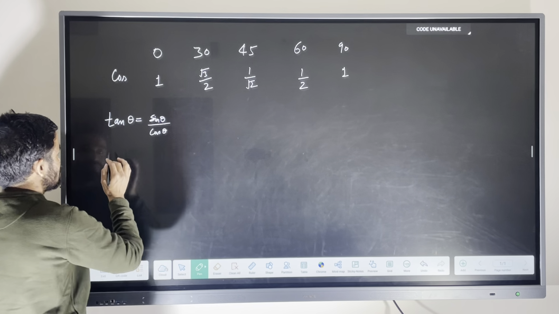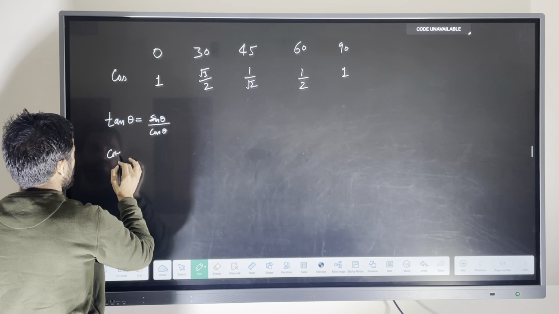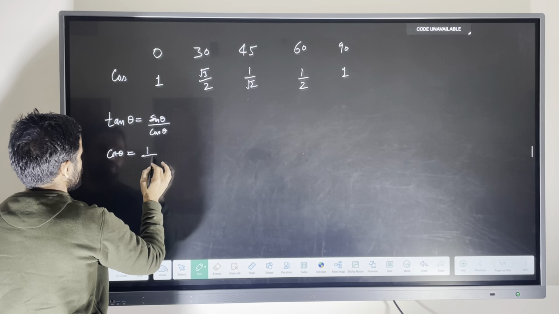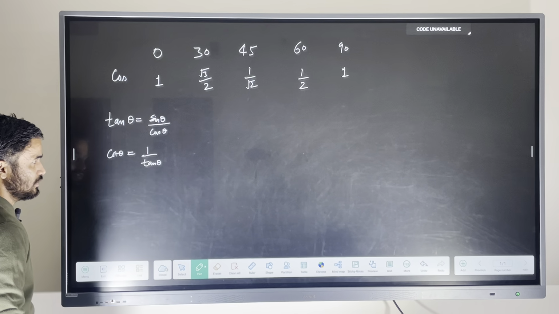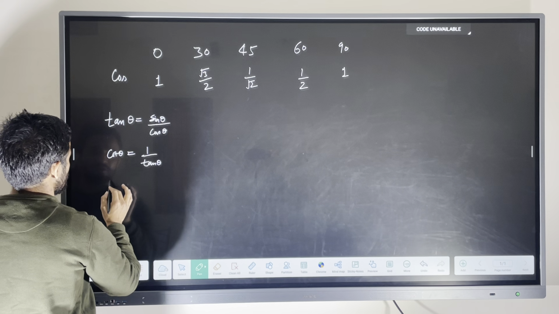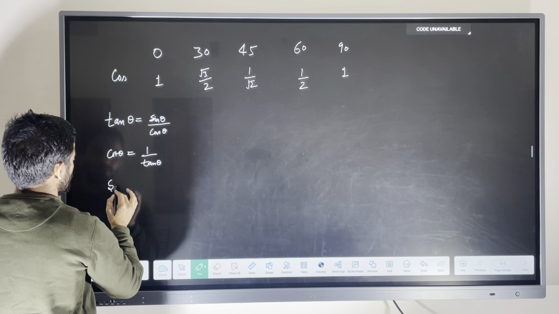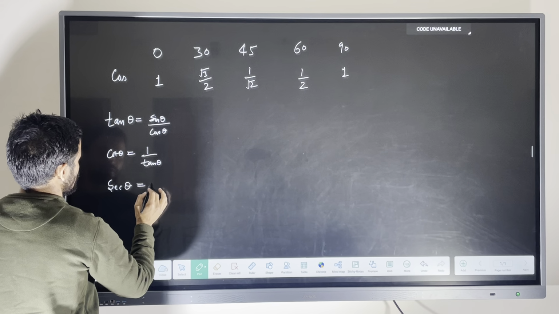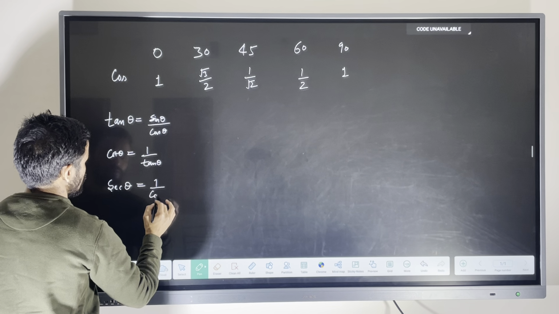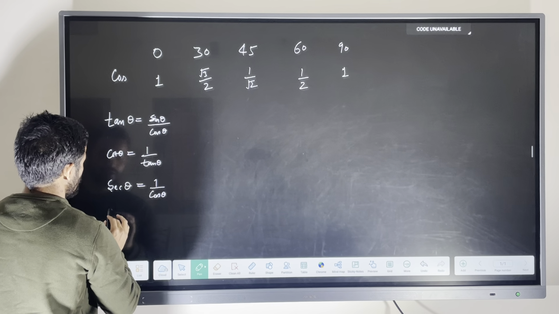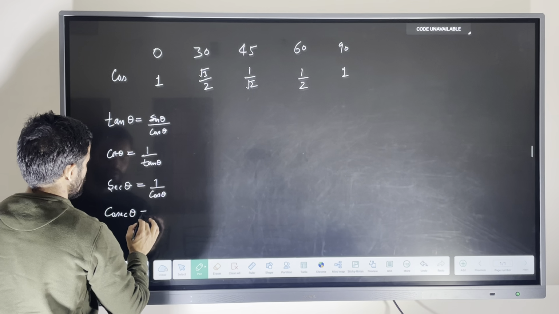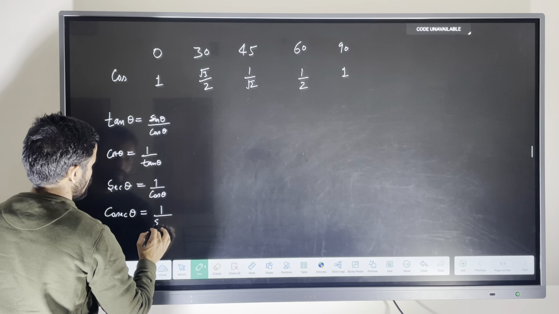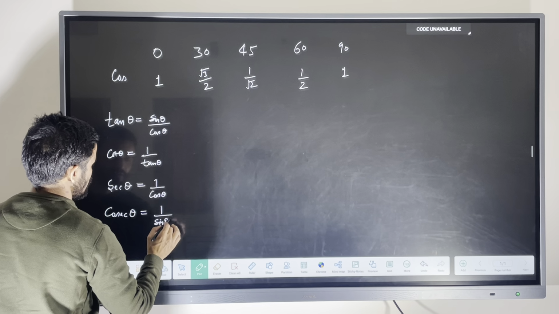And cot theta is 1 upon tan theta. Similarly, sec theta is 1 upon cos theta, and cosec theta is 1 upon sin theta.